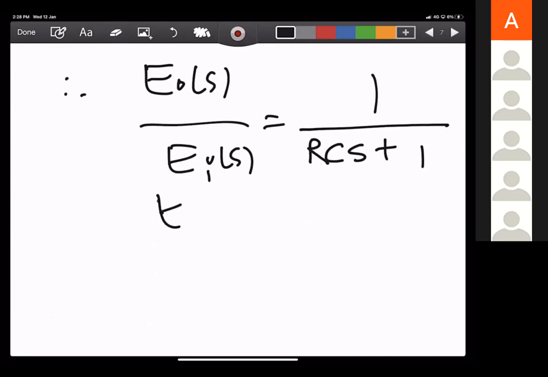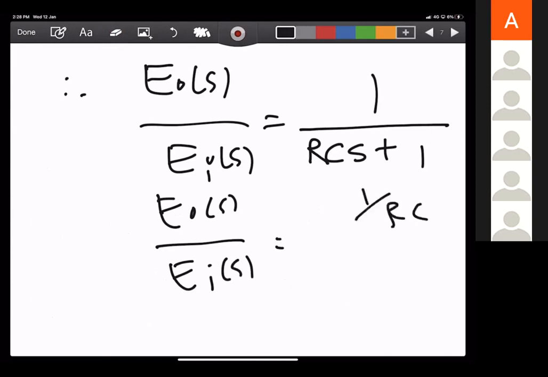Simplify. One over RC over S plus 1 over RC. Okay, guys, understand?